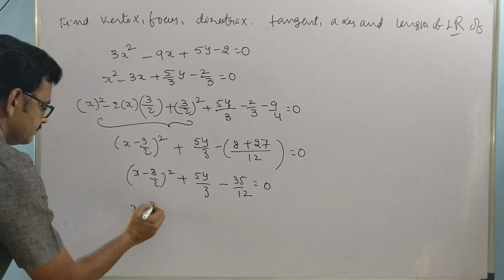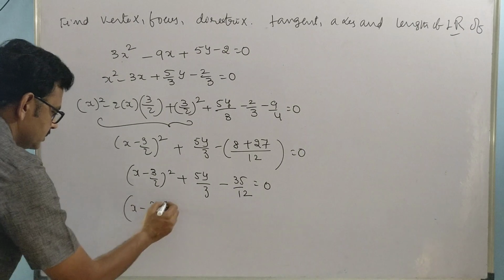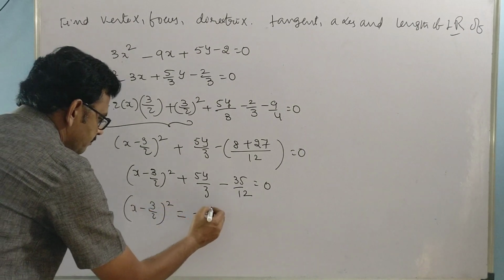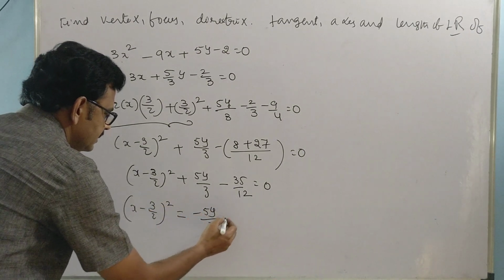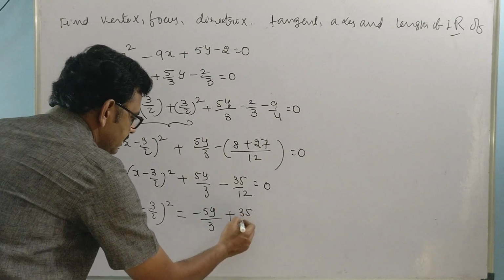So (x minus 3 by 2) whole square is equal to minus 5y by 3 plus 35 by 12.